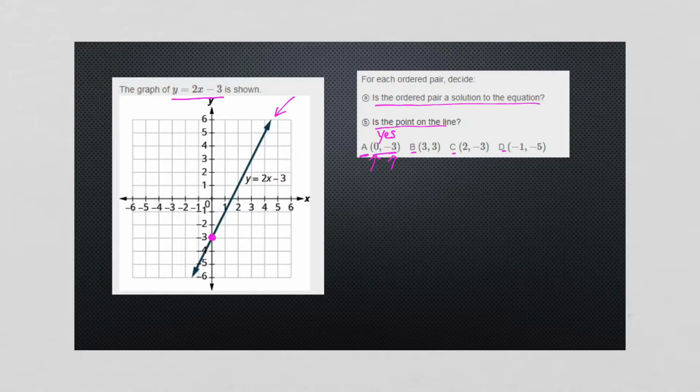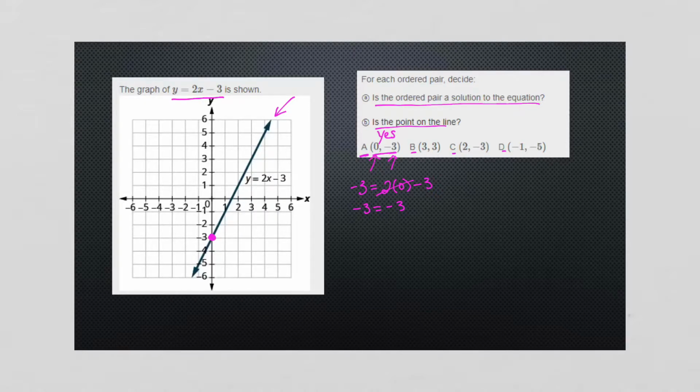So negative 3 is equal to 2 times 0 minus 3. That goes away, so you're left with negative 3 is equal to negative 3. So yes, that is a true statement. It is a solution, and it is a point on the line.